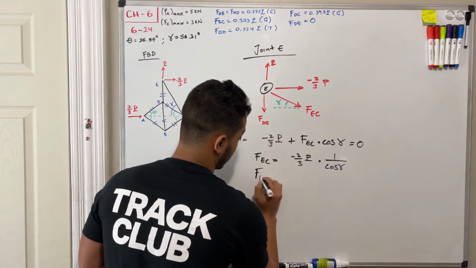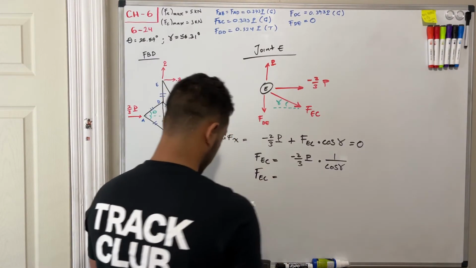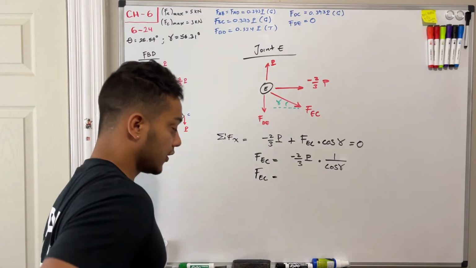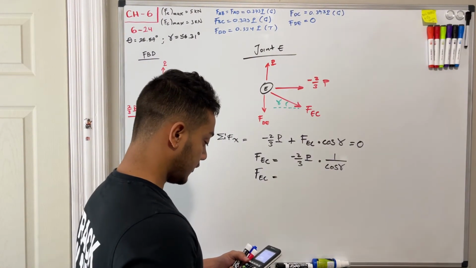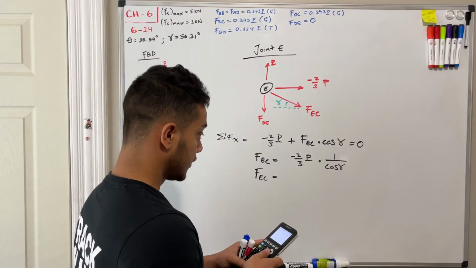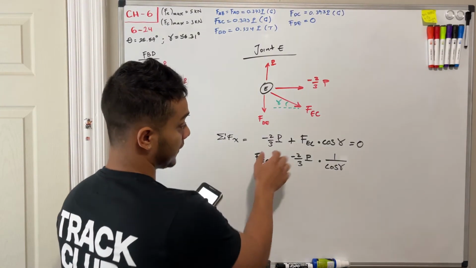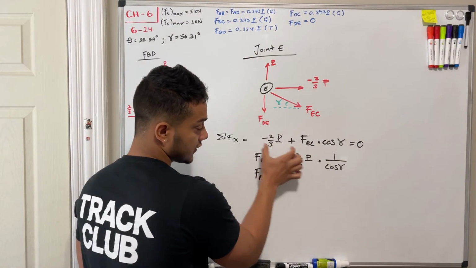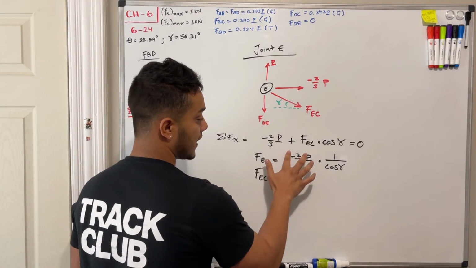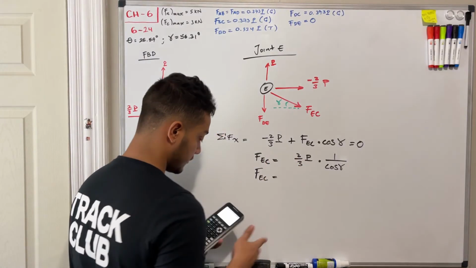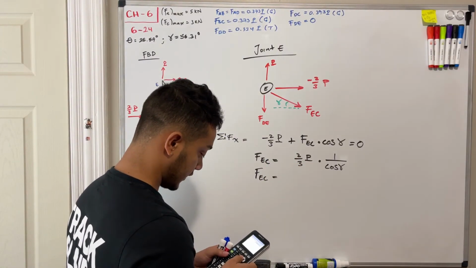And then if we plug our numbers in the calculator, what do we get? By the way, I made a small mistake. This negative comes here and passes positive. So a small mistake over here. So we don't get this negative anymore.